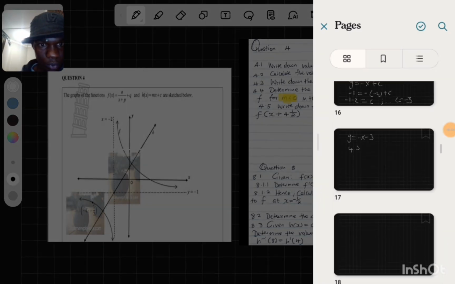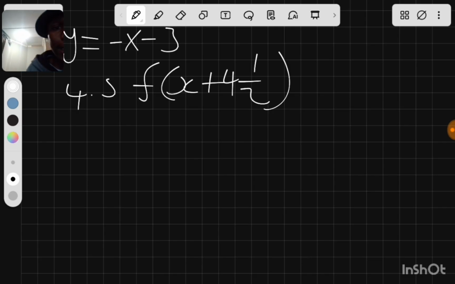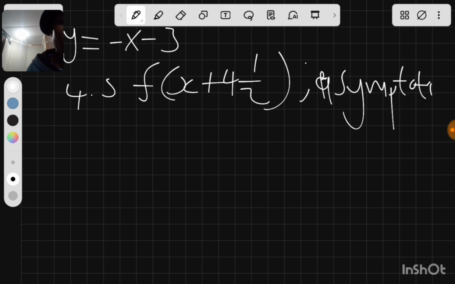So here we're going to say f of x equals x plus 4 1 over 2. They want asymptotes. Let me write it down so that I do not have to go back to the question. Asymptotes. So this graph has now been moved 9 over 2 units to the left.